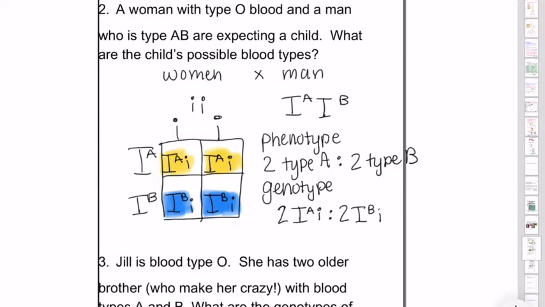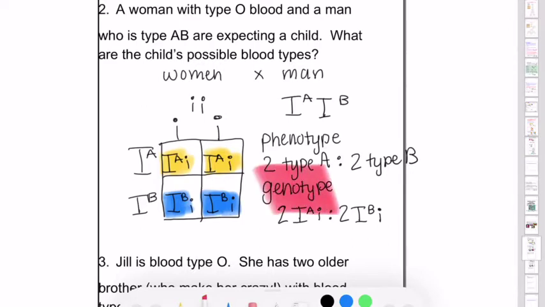All right, so that's what it would look like for our genotypes and phenotypes.